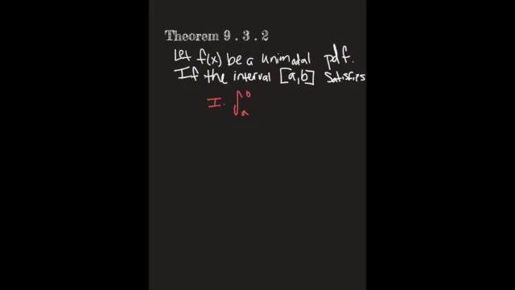So the integral from a to b of f of x is equal to 1 minus alpha. It has to satisfy that. It also needs to satisfy that f of a is going to equal f of b, which is going to be greater than 0.